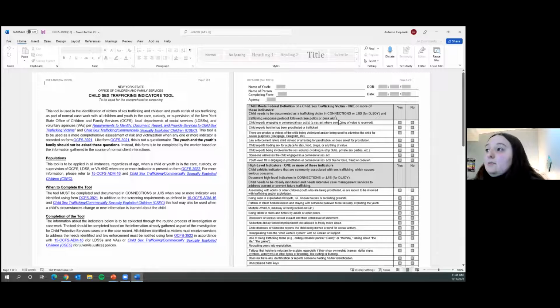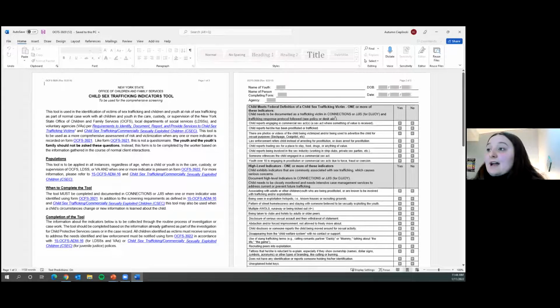And then this box: if you click yes to any of these, and you are an LDSS, voluntary agency, or OCFS, and you have a client through that, then it is very important that you notify your safe harbor lead if you select yes to any of these boxes, because we have to fill out a New York State police report and send it in.